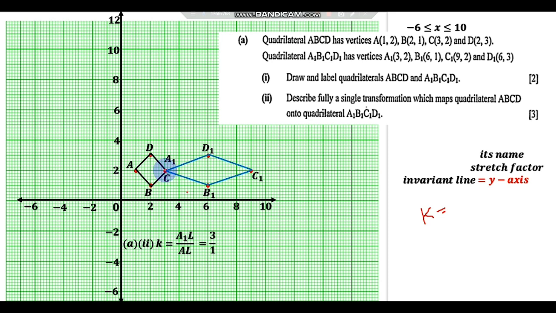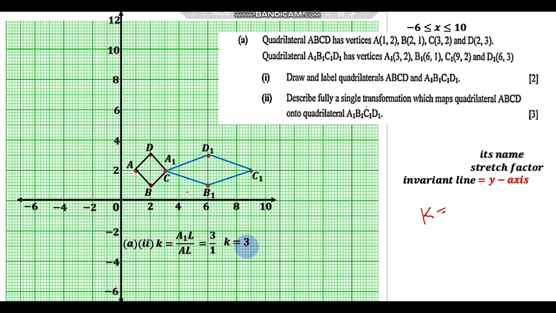We said it's a 3 when you count there. Then from the line to A, the distance there is 1. So we'll divide the 3 over 1. So you are dividing the distance from the invariant line to the image over the distance from the invariant line to the object. Our stretch factor will be a 3.